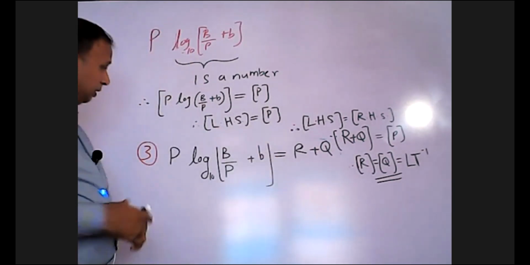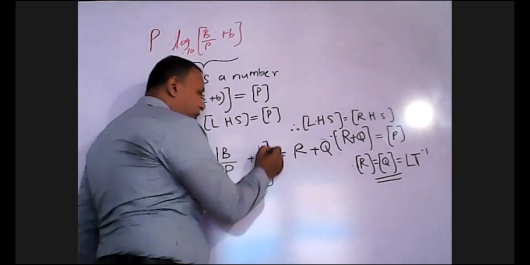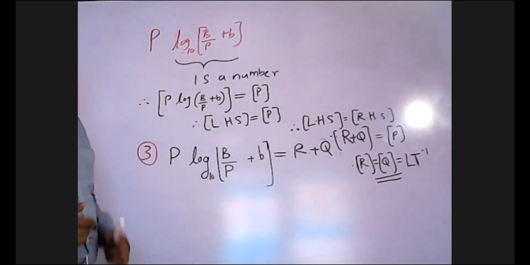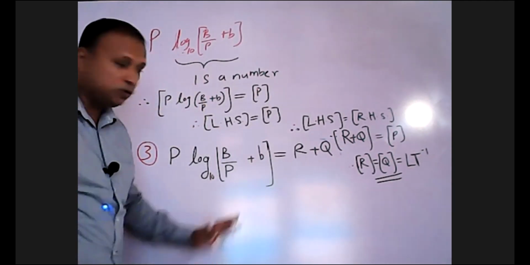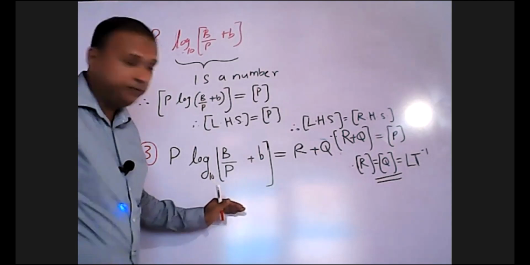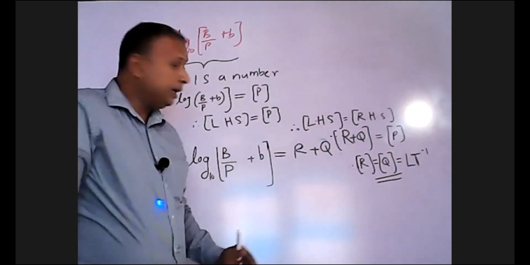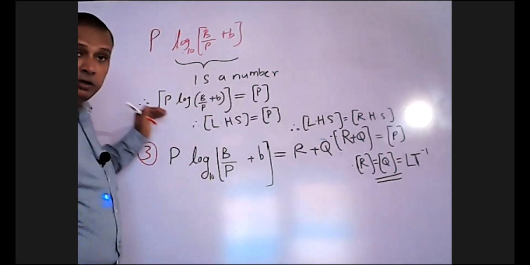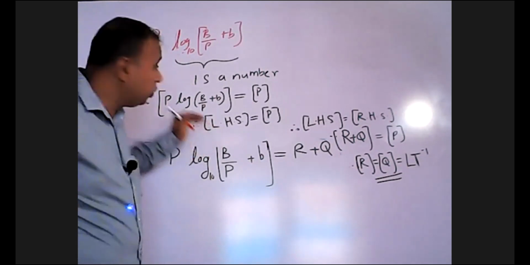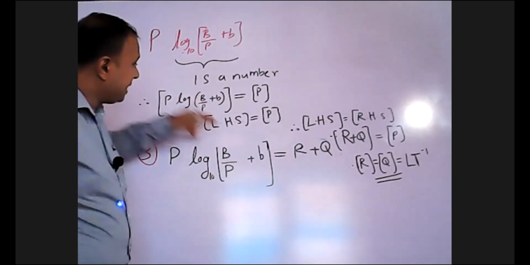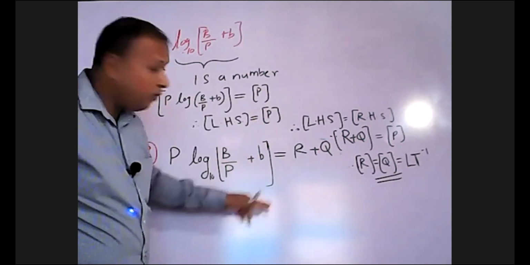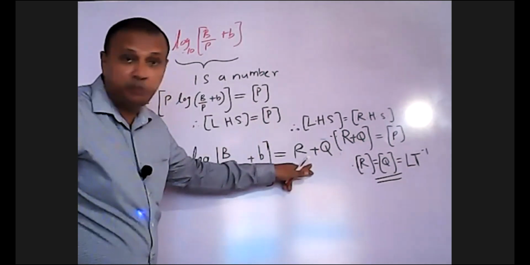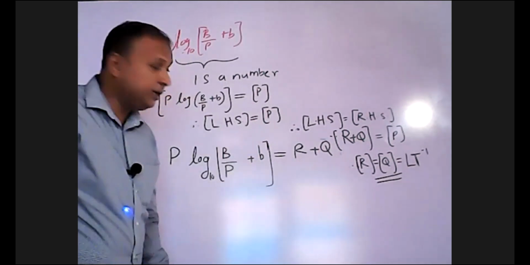Okay, everyone, please look at the board. Stop writing and look at the board. I will give you time. According to this argument, LHS has the dimension of P. Therefore, RHS should have the dimension of P, that is velocity.